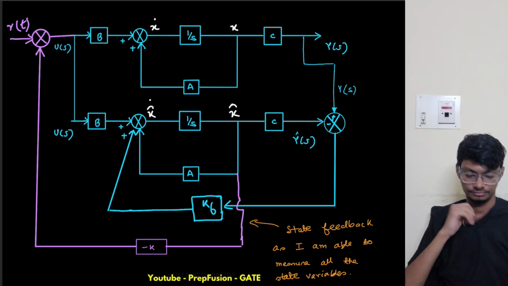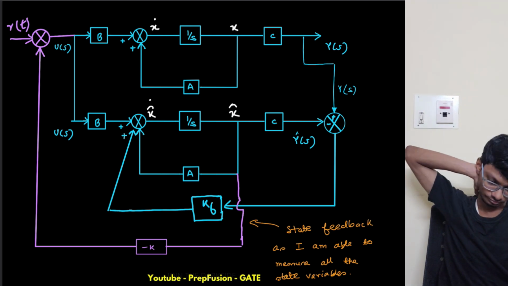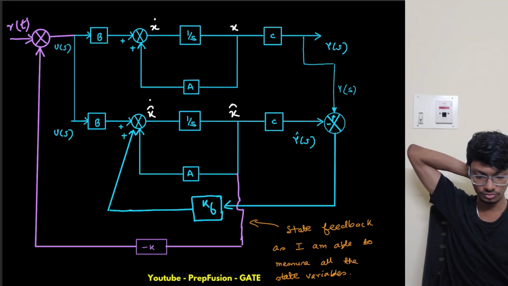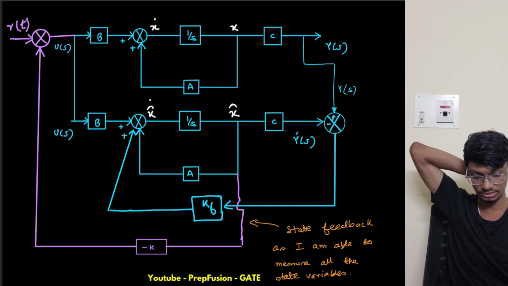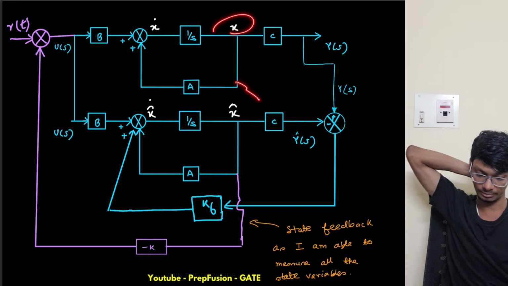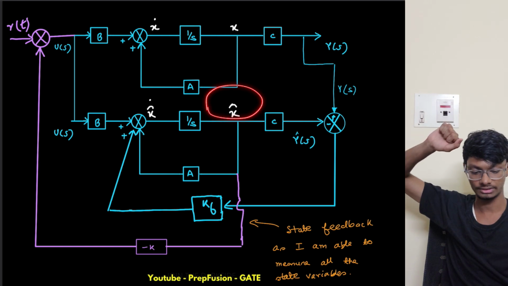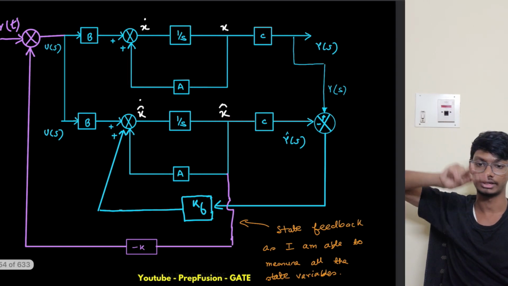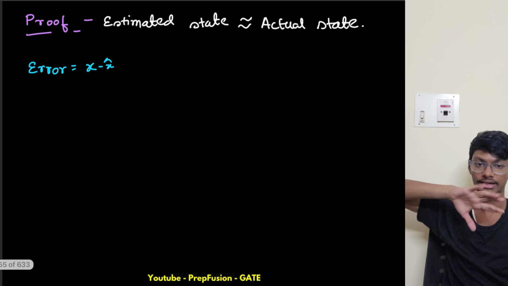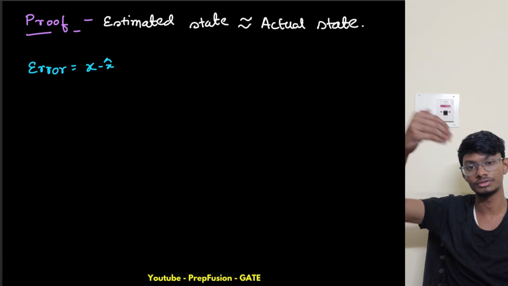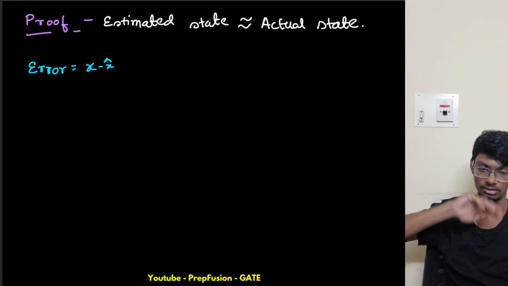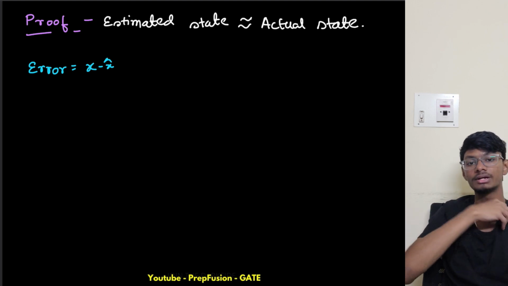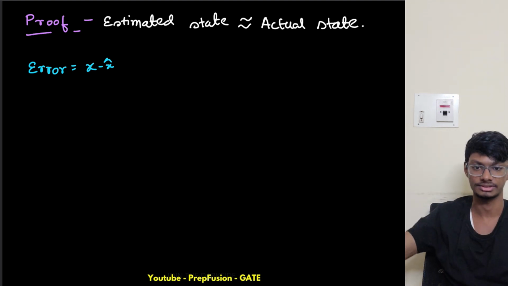So I have to make the error between these two 0. The actual state of the system and this x hat should have zero difference. That's how we will understand that, even without measuring, I'm able to estimate my actual state without measuring the states.